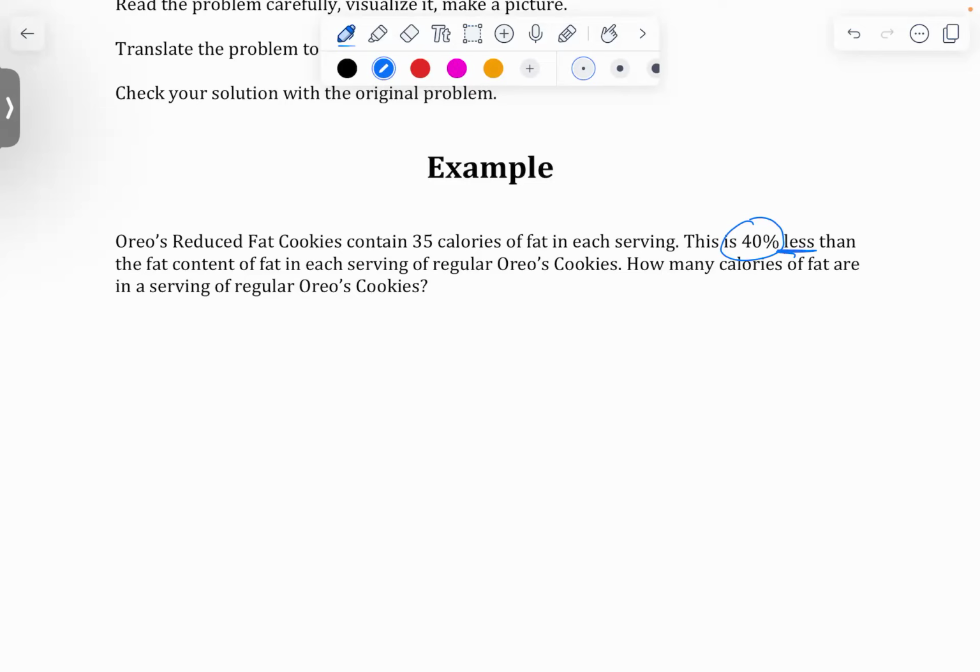But when I say 40% less, that actually still means I'm going to be dealing with multiplication. When I'm talking about 40% less, it's always relative to 100%. 100%, 40% less than that is actually 60%, because 40% less means 60% of the total.